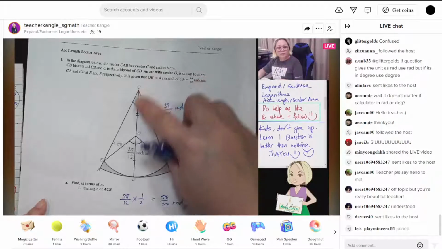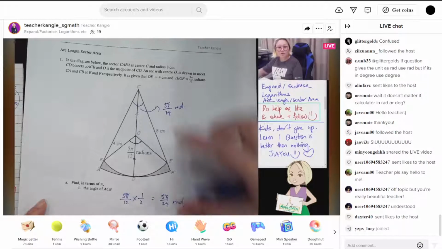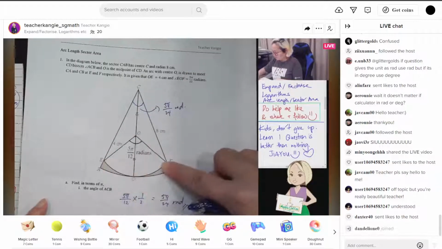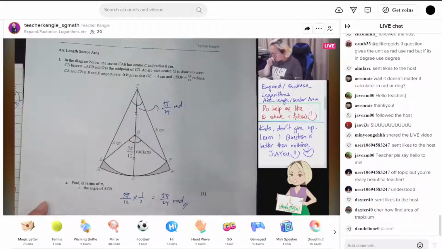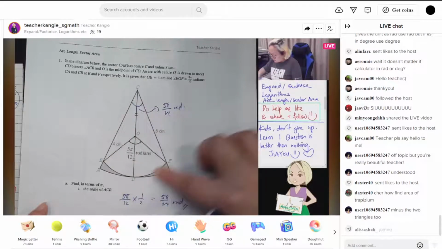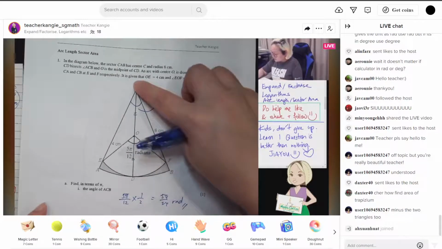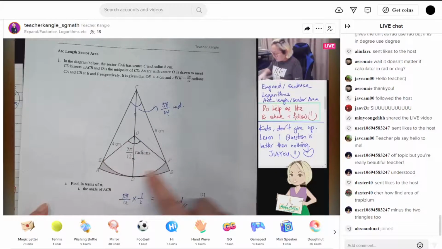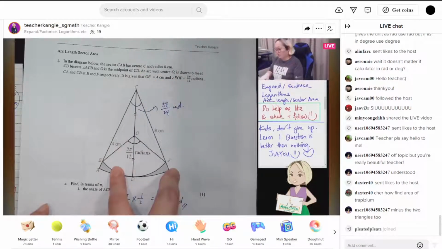But it is not a circle with center C. The white part is not part of a circle. So you need to find the area of this triangle COF, and then take the area of this sector minus it from this big one, then you will get the area of the shaded.